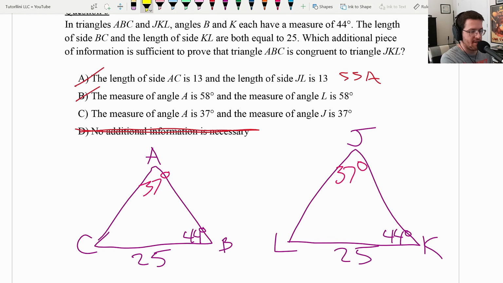And if you know what all those rules at the bottom are, angle, angle, side. Oh, so they're perfectly in the same spot, and we get the rule angle, angle, side, which tells us that they are congruent. That's one of our 4 main triangle congruence rules. So C is the answer to this one.